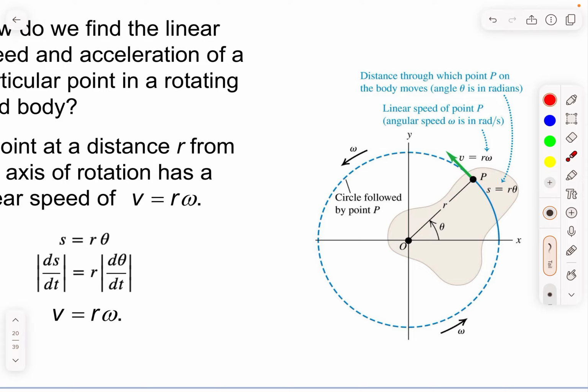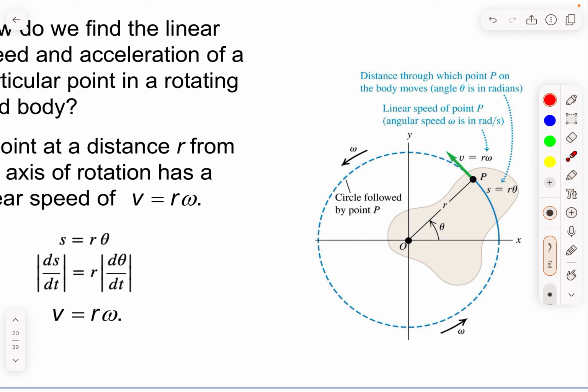Well, let's look at the arc length of this point as it's connected to the x-axis, right? We're going to track that arc length s, and we know that that arc length s is equal to r theta, okay?